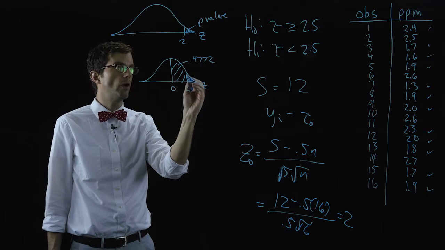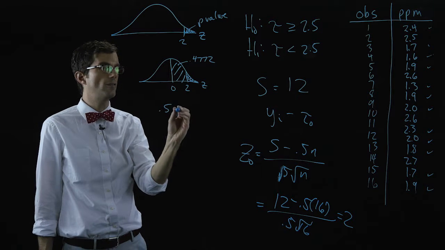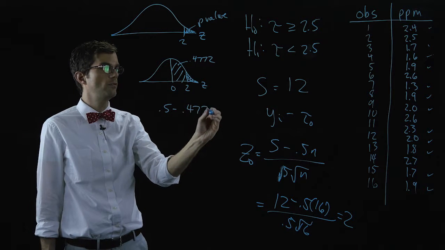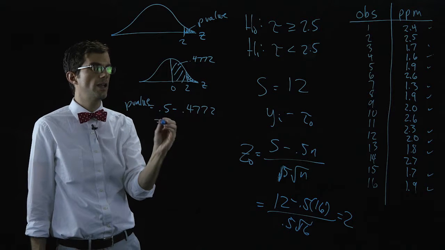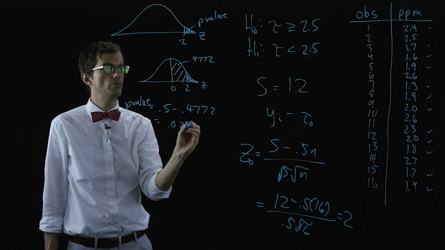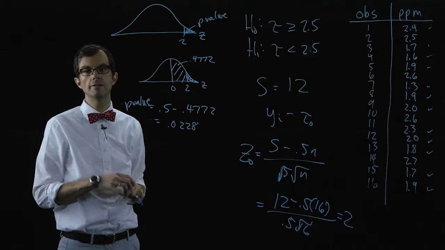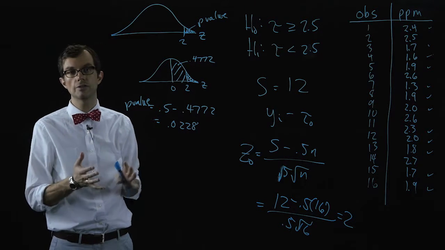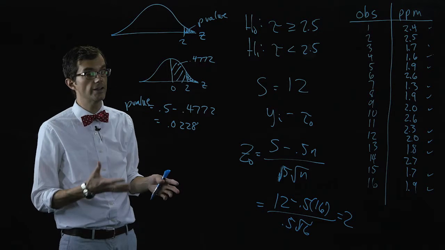And again, we want this tail area. So that would be 0.5 minus 0.4772. That is our p-value, and that is 0.0228.